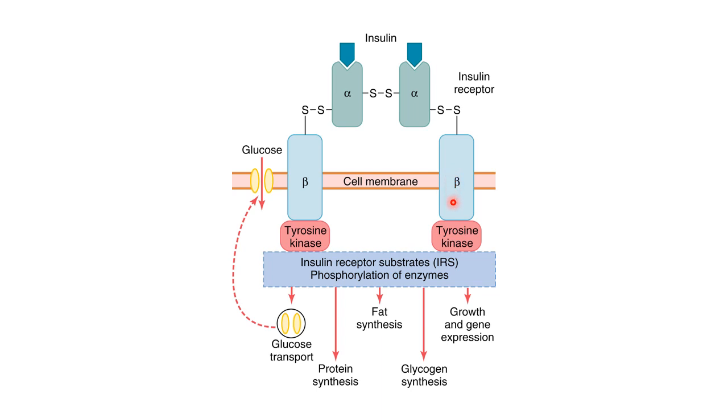What is this activity? A tyrosine kinase, which is an enzyme that causes attachment of phosphate groups, is activated once insulin binds to its receptor. So, it causes attachment of phosphate groups to a lot of proteins that perform the particular functions listed here: growth and gene expression, glycogen synthesis, fat synthesis, protein synthesis, and glucose transport.